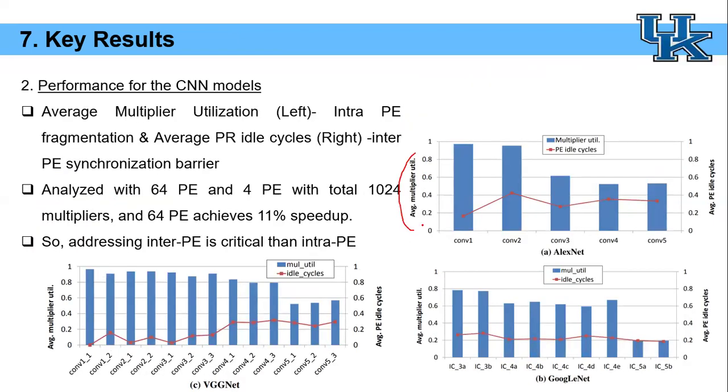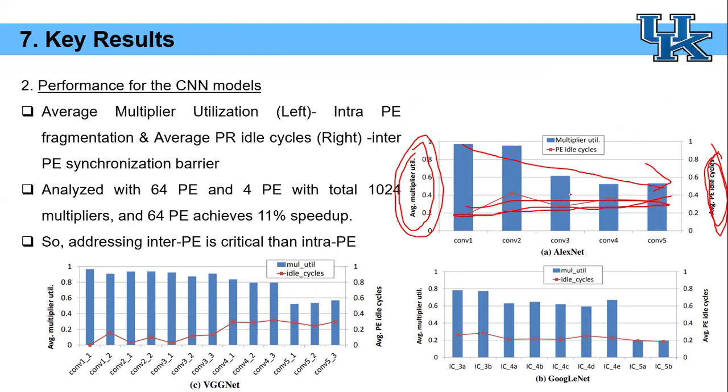So this is the average multiplier utilization, or the intra-PE case, and this is the average PE cycles, or the inter-PE case. As you can see here, the multiplier utilization reduces while the inter-PE barrier is almost similar, right? Because of this barrier, the optimization cannot reach the ideal case, and because of the utilization reduction, the optimization is not increasing as much, right?